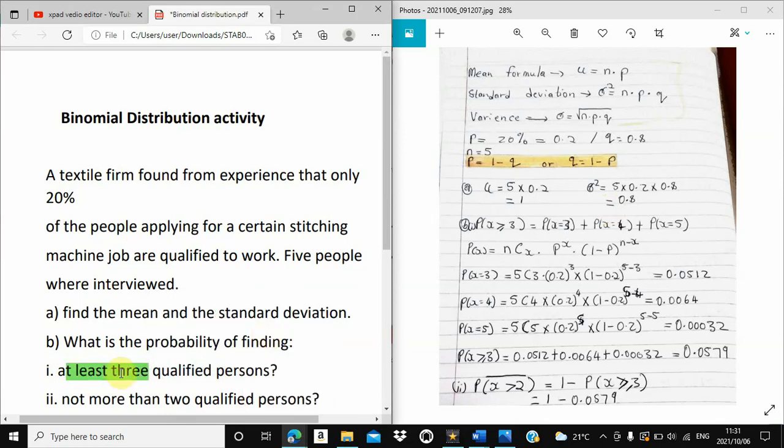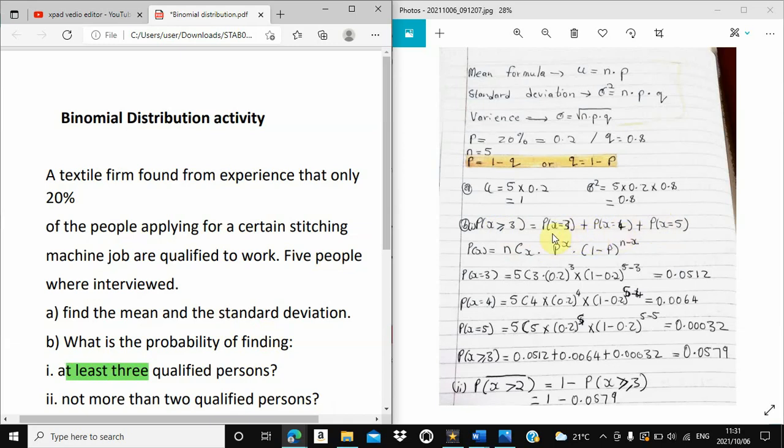Now, we know that the probability we are looking for is at least 3 and above. And we know that our sample space is 5. That means we are going to say the probability of x greater than or equal to 3 is equal to the sum of the probabilities of x equals 3, x equals 4 and x equals 5, since we know that our sample space is 5.